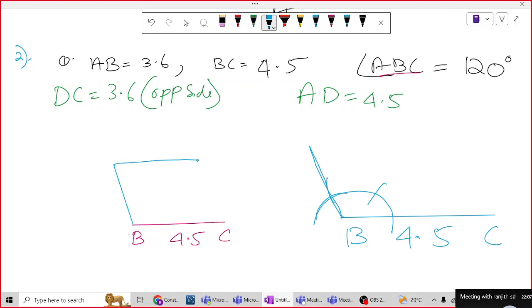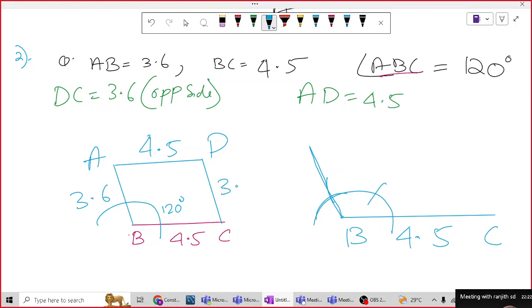You can take two centimetres for the angle. A, B, C, and D. 120 is like this. You get 120 here. This should be 4.5. Opposite sides are 3.6. That's it. So whenever a parallelogram is mentioned, use parallelogram properties.